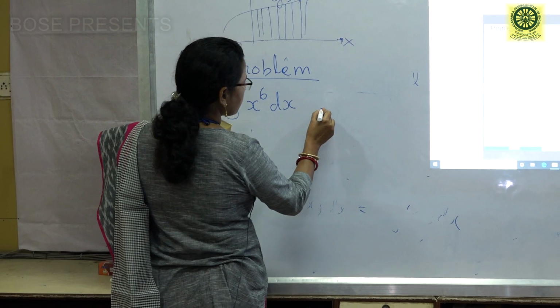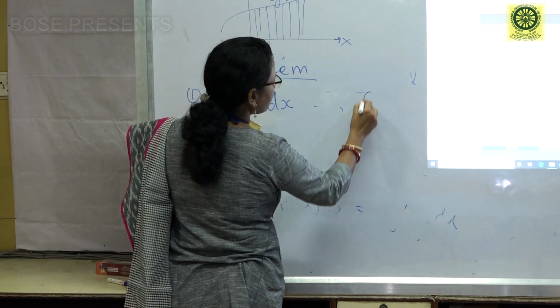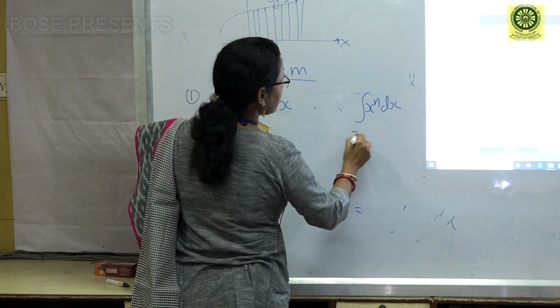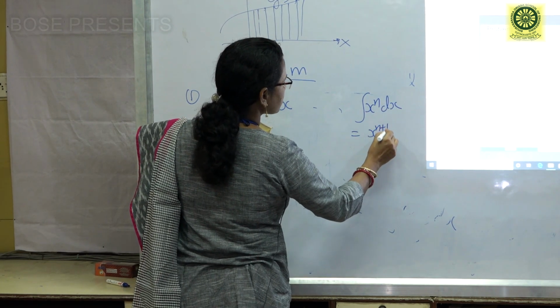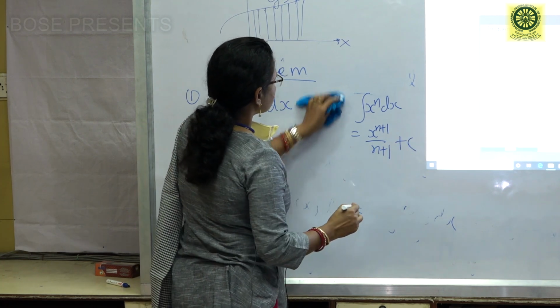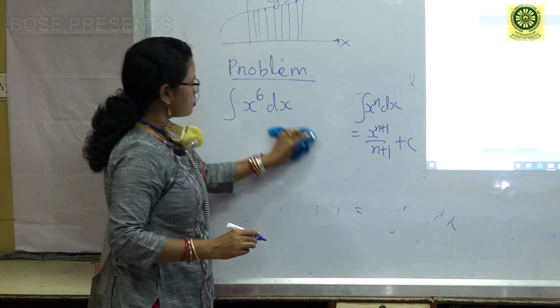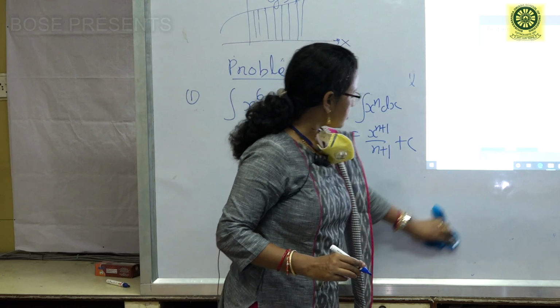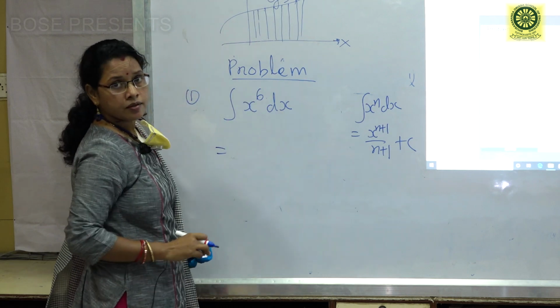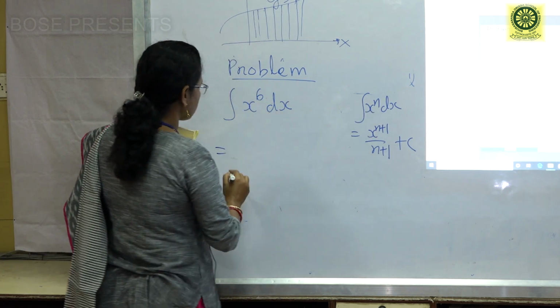This is in the form of the formula, integral of x to the power n, which is equal to x to the power n plus 1 by n plus 1 plus c. So we can integrate this function by using this formula. Here in place of n you have 6.